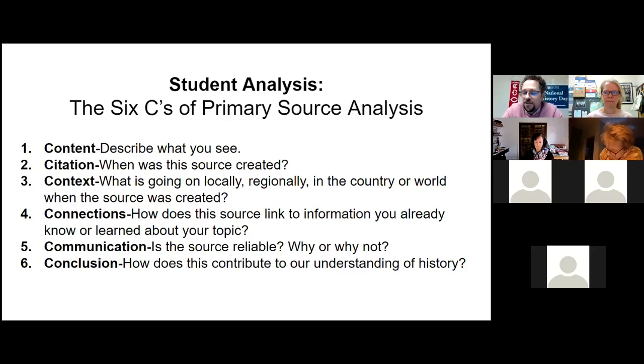Communication is of course important as well, because is that source reliable, and why or why not? And we could talk about the idea of reliable sources in the media today, but you could even go further back. So thinking back when I was in college, and I might have this wrong, so please, any of my colleagues, fill me in if I'm doing this incorrectly. But because I'm a Cold War historian, I'm going to be talking about the 19th century here for a second.